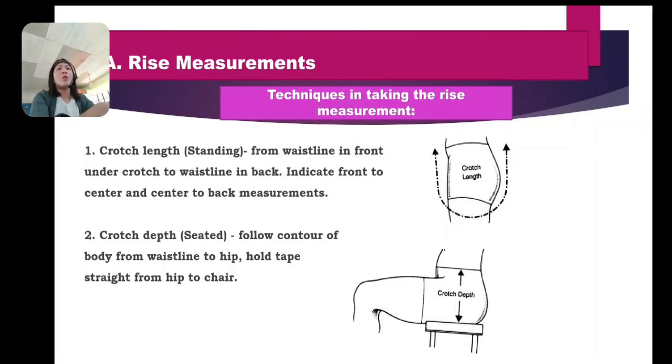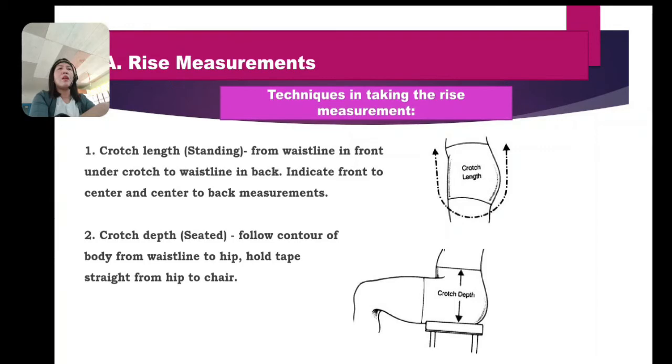For standing position, it is taken from waistline in front, under crotch to waistline in back. Indicate front to center and center to back measurements. So it is shown on the picture on how you're going to measure your rise measurement for standing position.